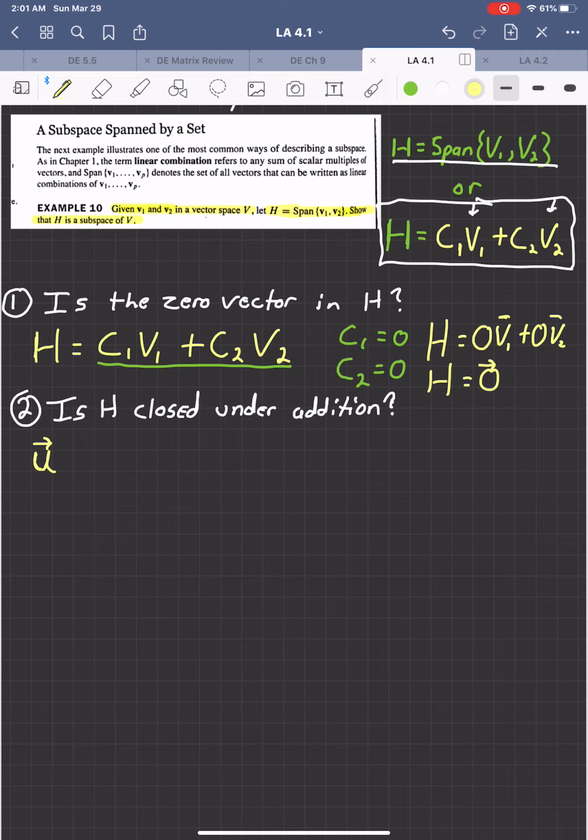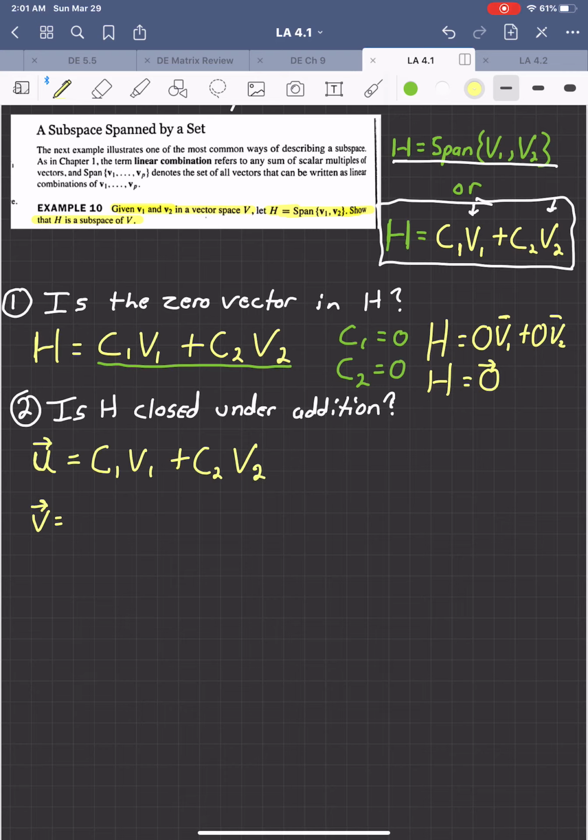So if you have u, let's write u is some vector, and then v is another vector. Let's see if we can set this up. Ready? Let's start with the easy one. Let's say c sub 1 v sub 1 plus c sub 2 v sub 2. That's our first vector.